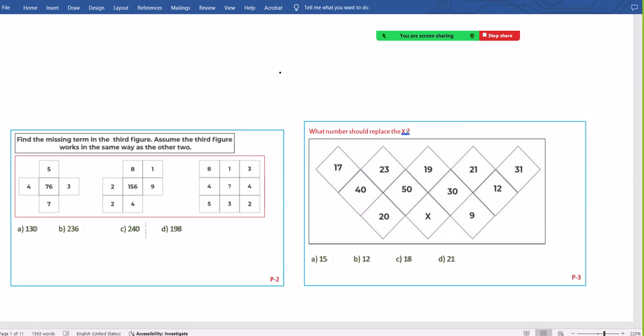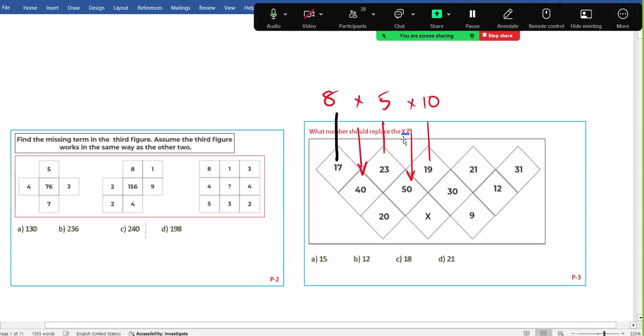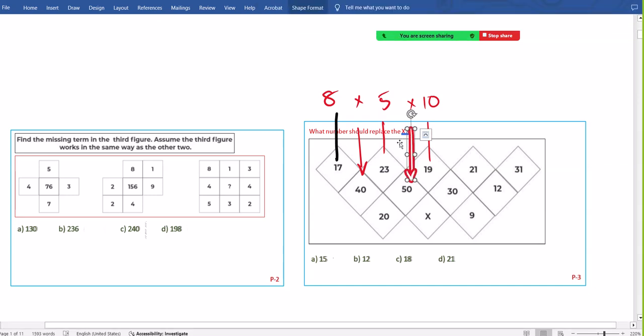right? 1 plus 7 is nothing but 8. 2 plus 3 is 5, but 8 into 5 is 40. Here 1 plus 9 is 10. 5 into 10 is 50. Here they are doing product, pretty much similar to that previous question only, but they are doing product here, right?